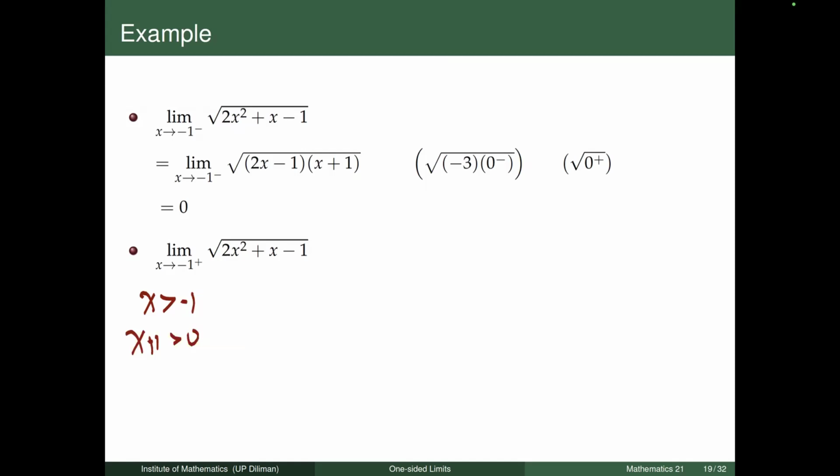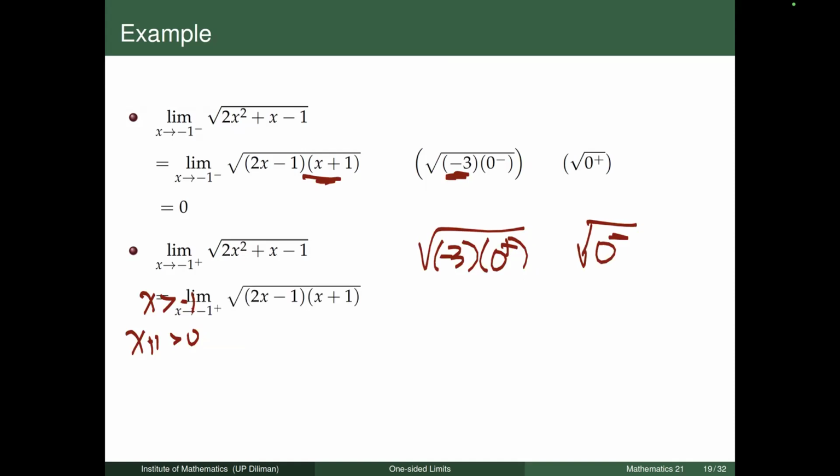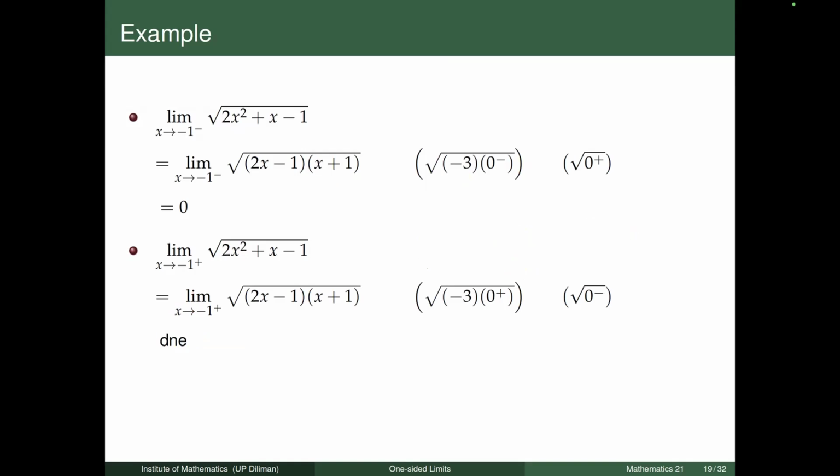So, ang nangyayari is you get, ito, negative 3 pa rin yan. Tapos, ito will approach, so this will approach 0 through positive values. And negative times positive is approaching 0 through negative values. And that is imaginary. So, conclusion natin, this does not exist.